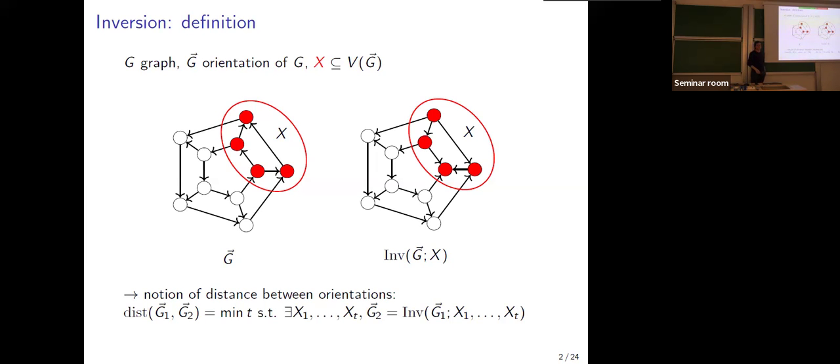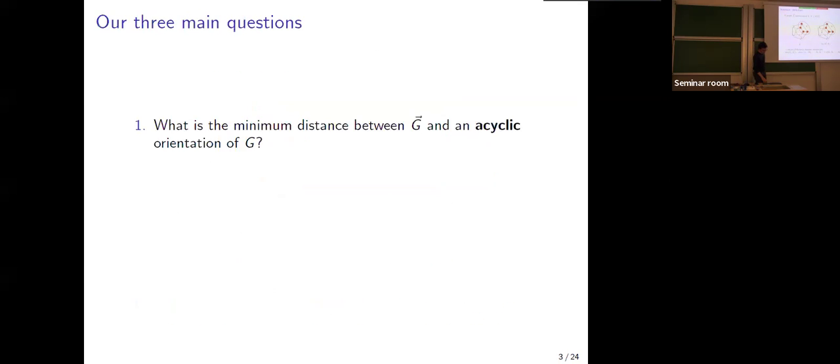So this is the notion of distance between orientations. This is a kind of reconfiguration problem of orientations of an undirected graph.